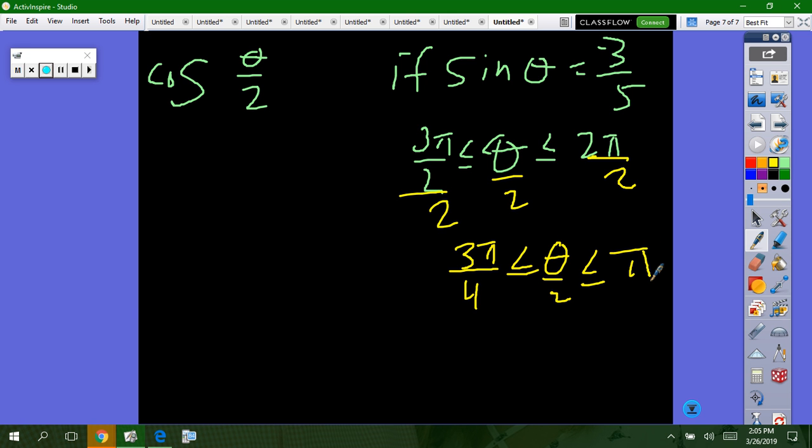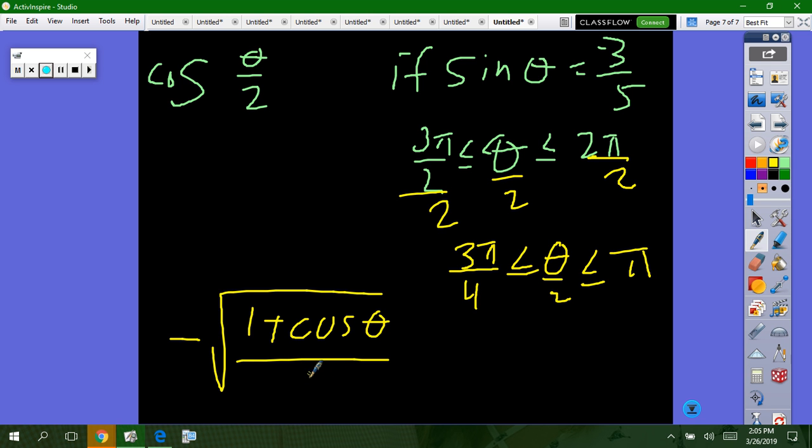Does that make sense to everybody? Do you understand what I did there? So should cosine of theta over 2 be positive or negative? Negative, because in quadrant 2, cosine is negative. So I should have negative square root of 1 plus cosine of theta all over 2.